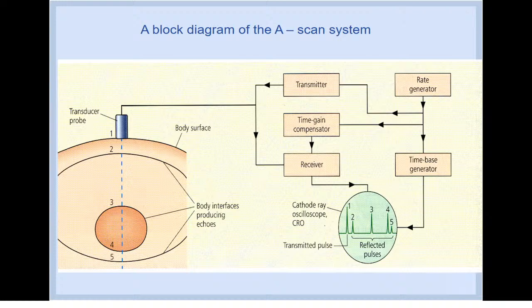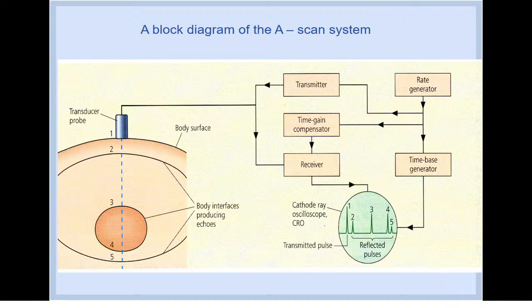The time-base generator supplies a voltage across the X plates, the horizontal deflections of the cathode ray oscilloscope, so that the spot starts moving steadily across the screen.